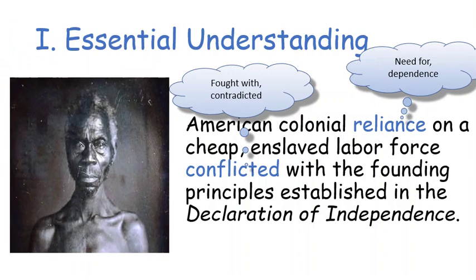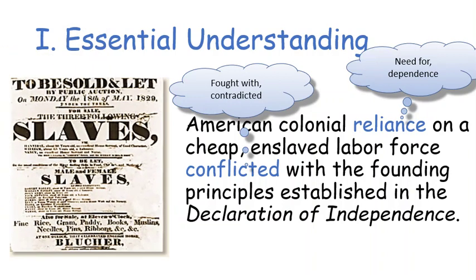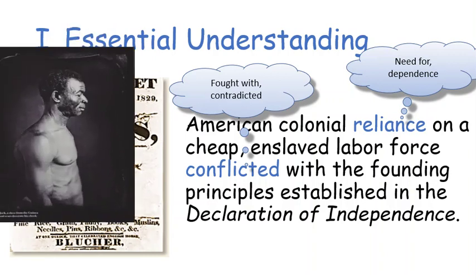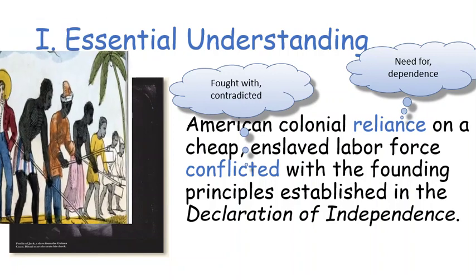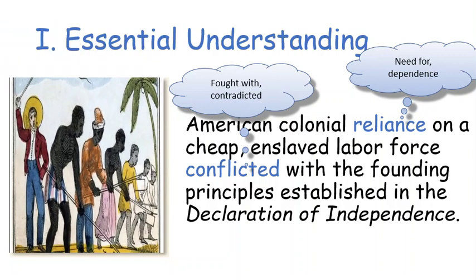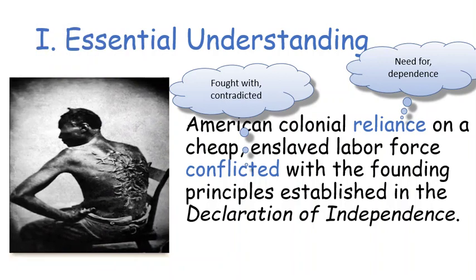You couldn't have people bought and sold and agree to "all men are created equal." You couldn't exploit the labor of other human beings and talk about pursuit of happiness. The physical beating and the use of people for economic gain and profit just didn't go along with the words of the Declaration of Independence.